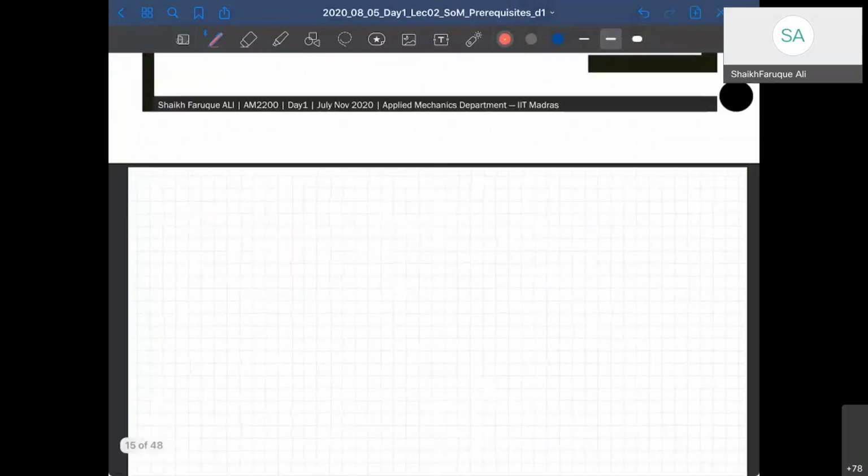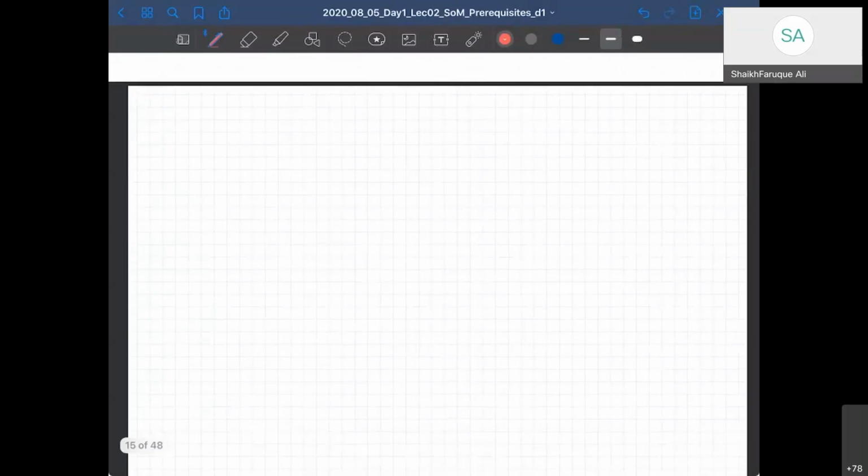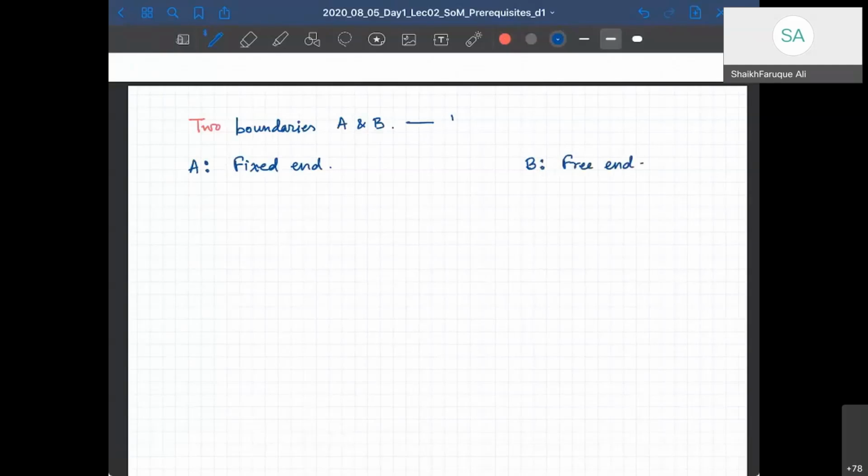There are two boundaries to the cantilever beam, A and B. A we call the fixed end, and B we call the free end. Therefore, we can call the beam a fixed-free beam, and most commonly known as a cantilever beam.